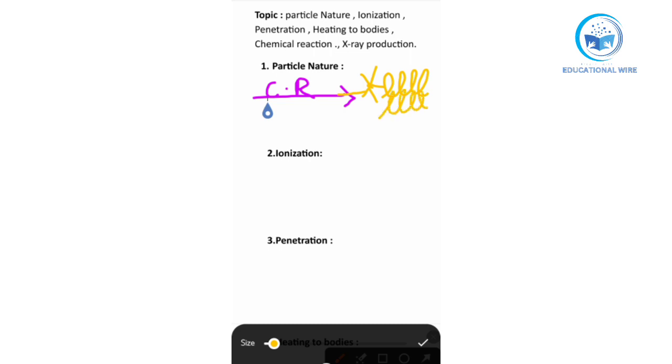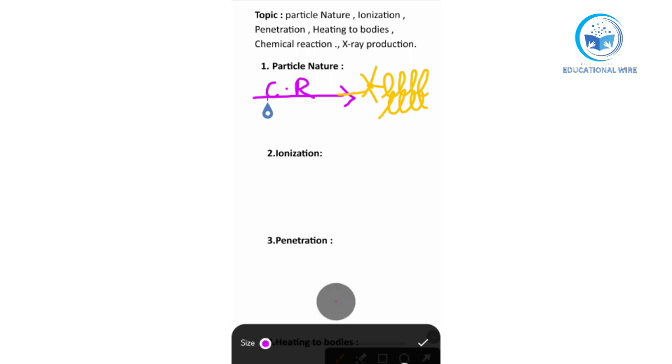So if cathode rays have momentum, when they turn a wheel or something else, they create momentum. So it is called the particle nature, because particle nature has mass and velocity both. That's why. Now let's move to the ionization.